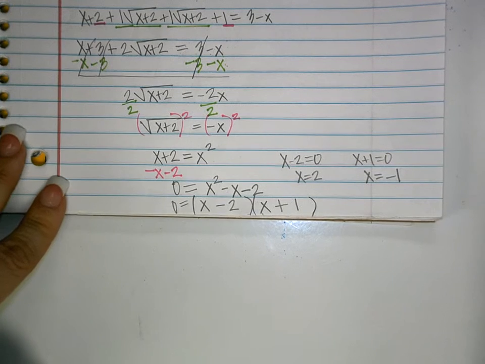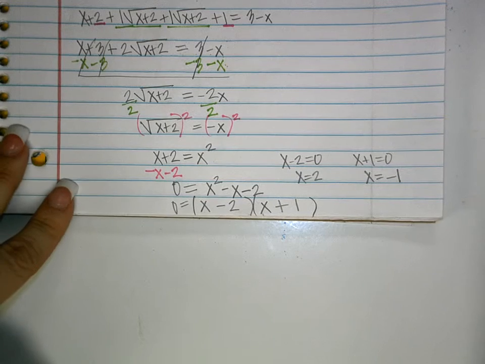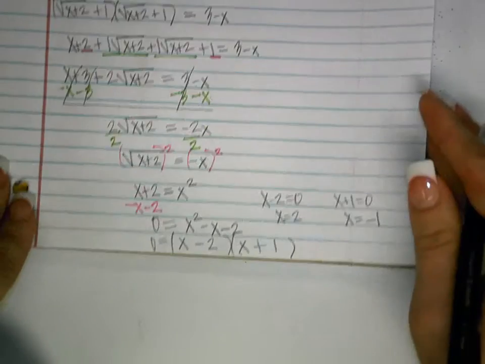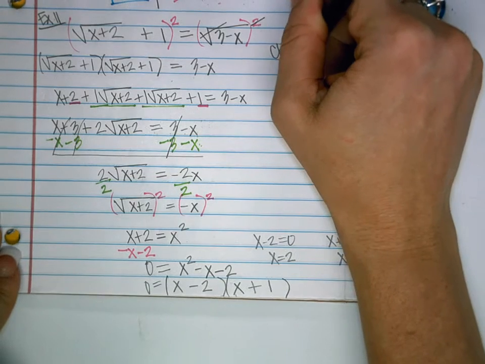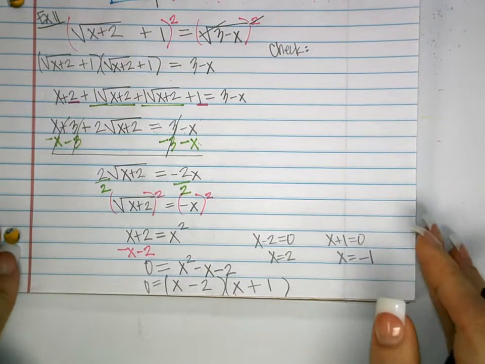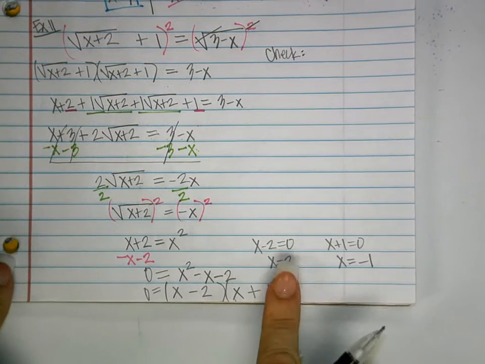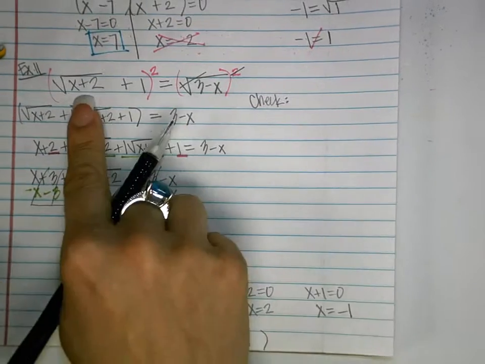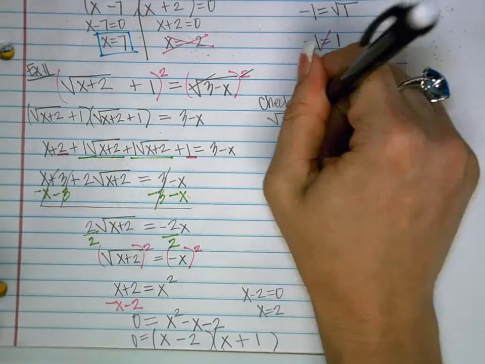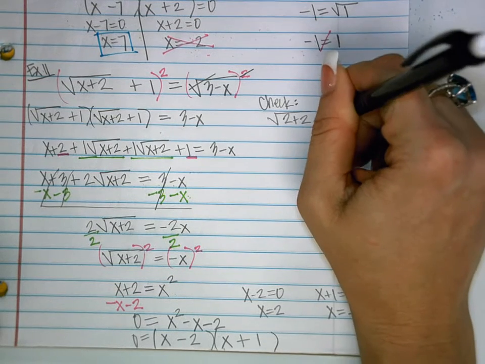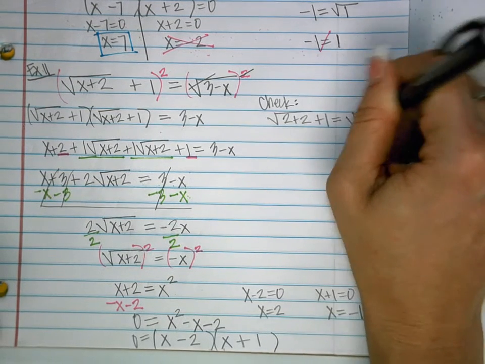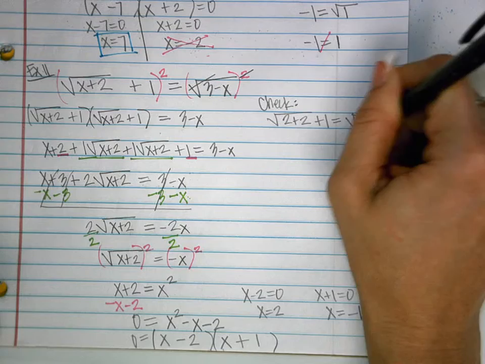Am I done? No, now what do I have to do? Plug it back in to check it, okay? I know that these are long problems. You will not have very many that are this involved, okay? So check then. I'm going to plug a 2 into your original equation. I'd get root 2 plus 2 plus 1 equals root 3 minus 2.